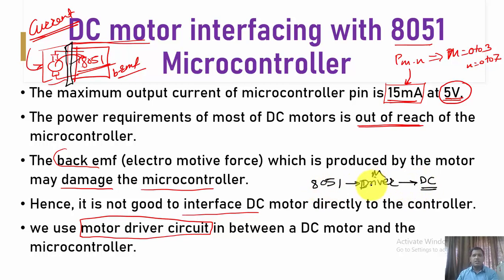This is the basic need: first, to satisfy the current requirement, and second, to protect the board from the back EMF generated by the DC motor. To deal with these two situations, we make use of this motor driver circuit.